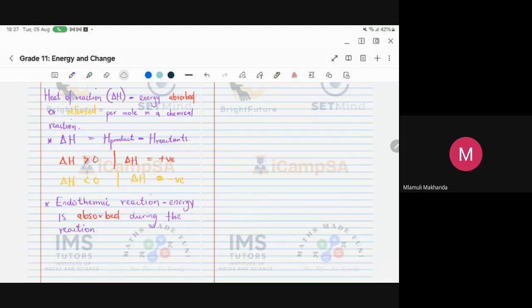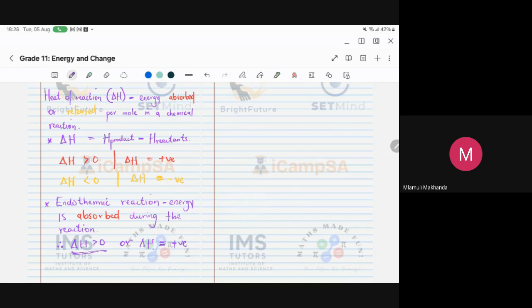Therefore, our delta H for an endothermic reaction tends to be greater than 0, or sometimes they represent it this way, or they can just give you a delta H with a positive value. Could be any value, could be plus 200 joules or something like that. Could be anything. So a positive value.